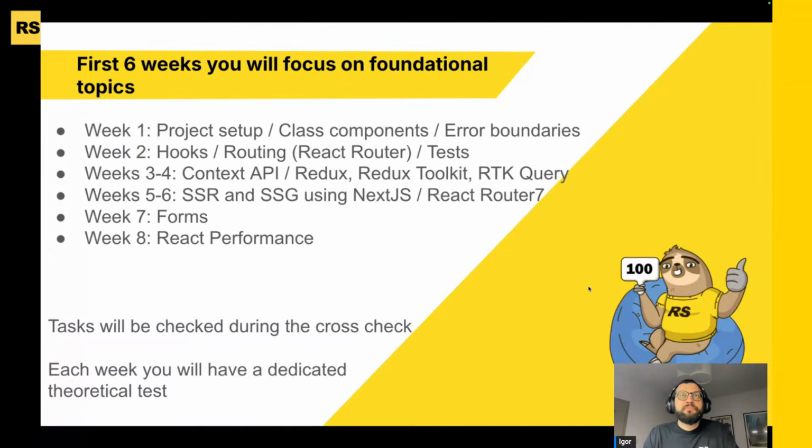It might be useful to take a look at this alternative. Week 7 will be devoted to forms. We will give you an opportunity to study two approaches, controlled and uncontrolled components, and React Hook Form.